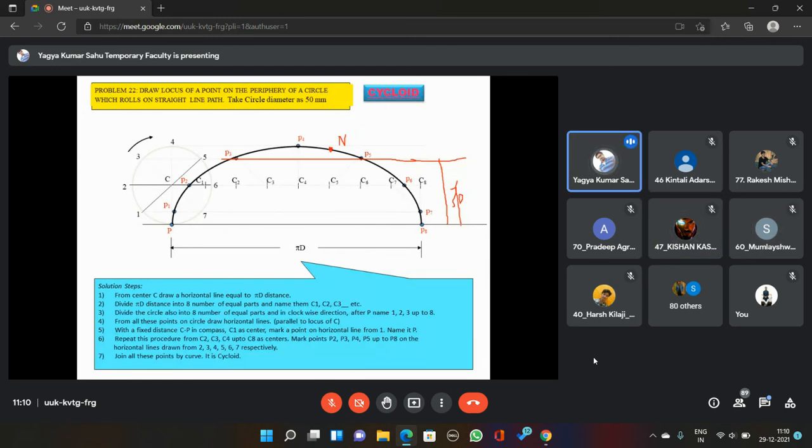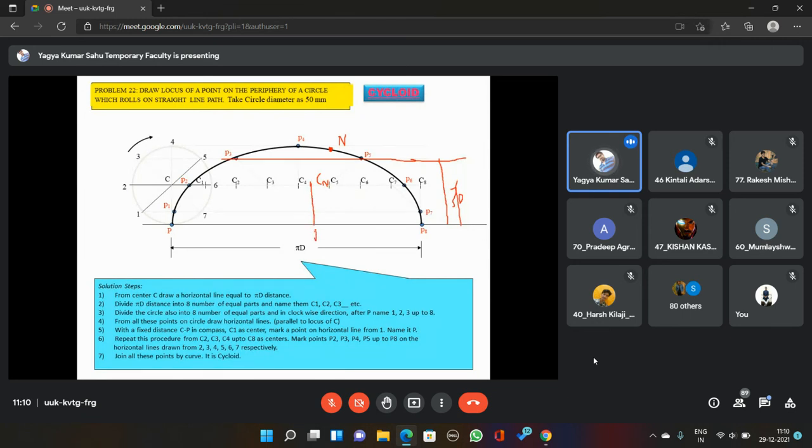Taking the radius equal to Cp, find out Cn. So you'll get somewhere here, Cn. Now draw a perpendicular at this particular Cn, perpendicular to this center line, and find out the intersection of that line with this baseline.